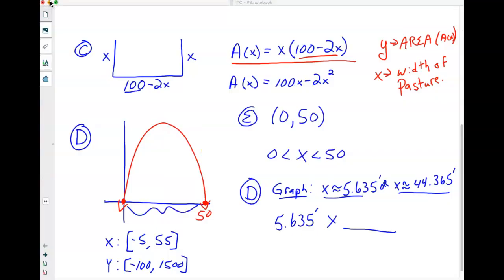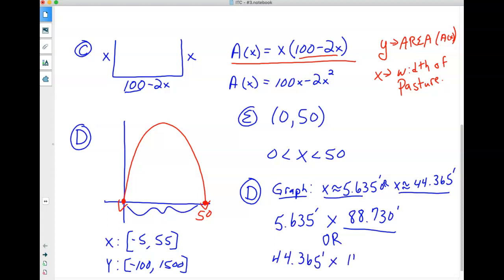So I know the dimensions at 500 square feet are going to be 5.635 by 88.730 feet, or another dimension could be 44.365 feet by 11.27 feet.